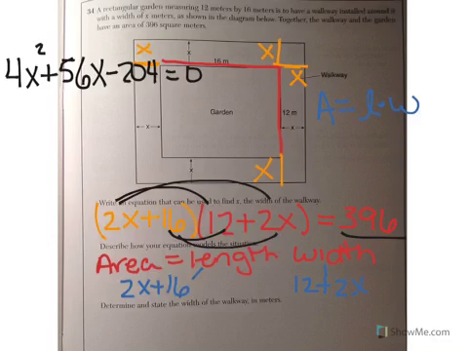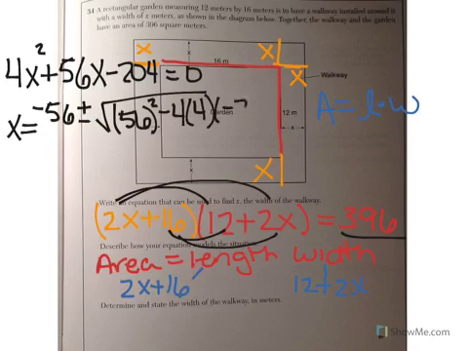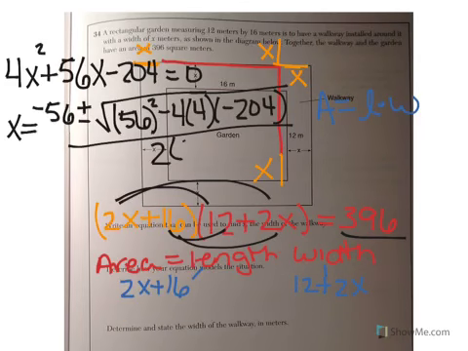So what I'm going to do is use the quadratic formula. Okay? And when I plug into the quadratic formula, I'll end up with negative 56 plus or minus the square root of 56 squared minus 4 times 4 times negative 204, and it's all over 2 times my a value of 4.